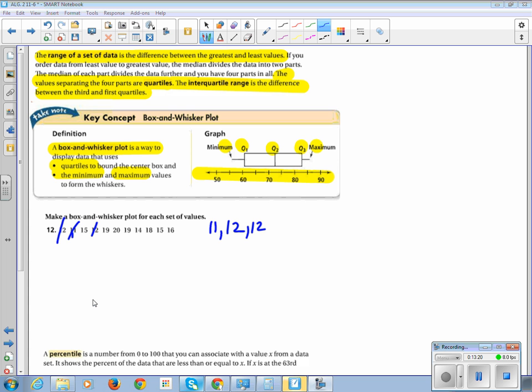Then I have 14. Then 2 15s. Then a 16. Then an 18. 2 19s. And a 20.